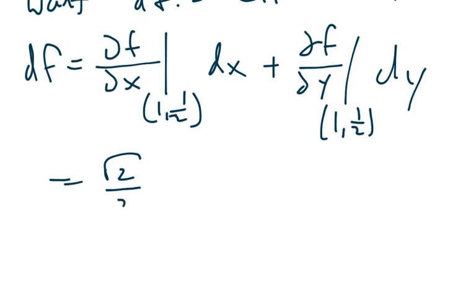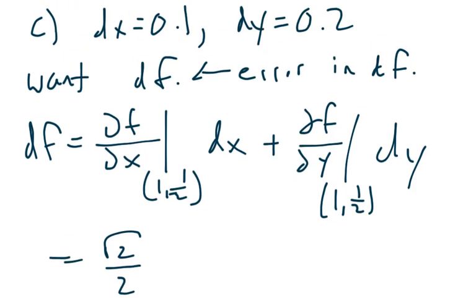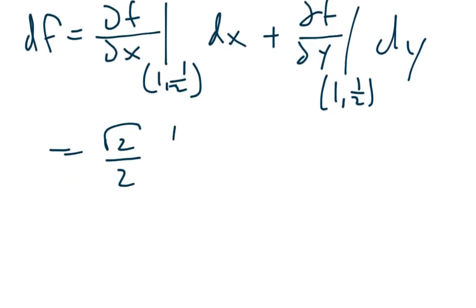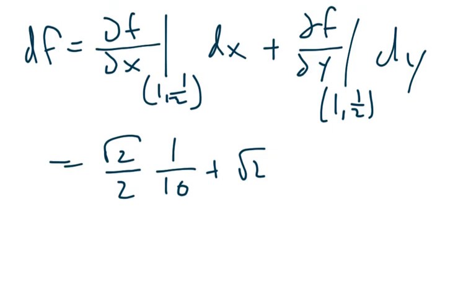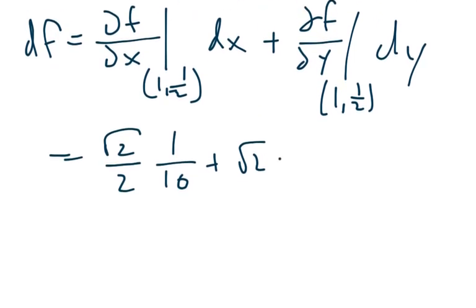This is square root of 2 over 2, dx is 0.1, this is 1/10, plus square root of 2 for df/dy, and this is times 2/10.